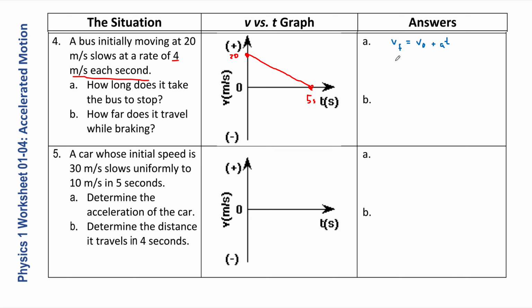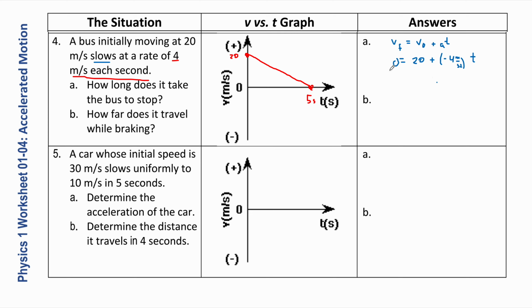Final velocity is 0. Initial is 20. Forgive my drawing. And here's the only one you've got to be careful on. You have to realize it's slowing at a rate of 4 meters per second each second. That means its acceleration is negative 4 meters per second squared. And that times time.